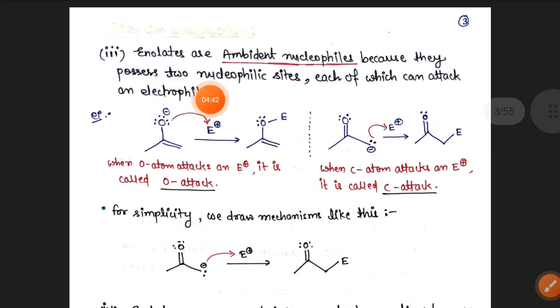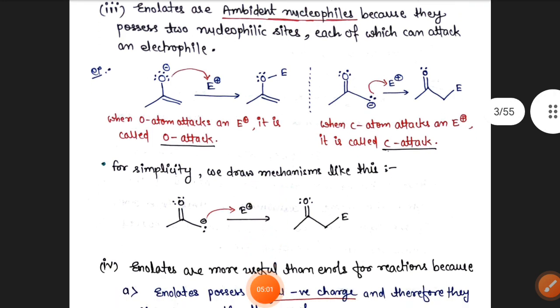Next, enolates are ambident nucleophiles because they possess two nucleophilic sites, each of which can attack an electrophile: the double bond carbon and the oxygen atom with negative charge. There are two possibilities in this reaction.